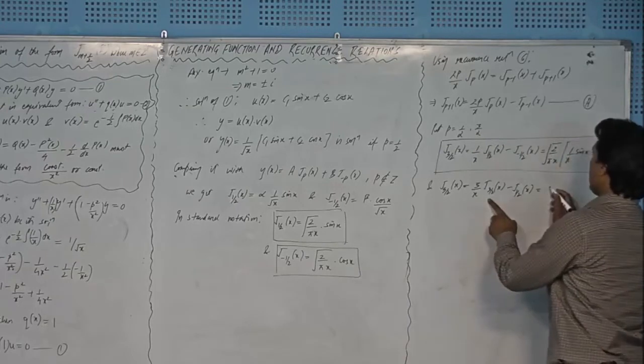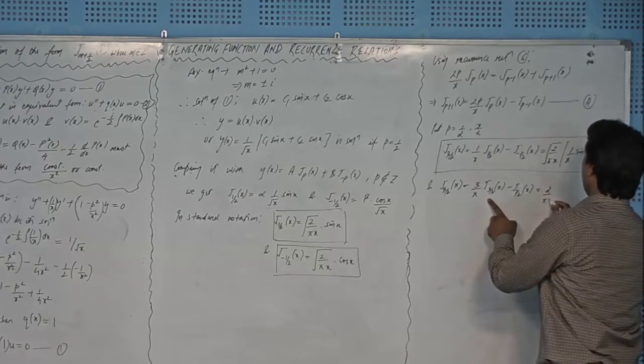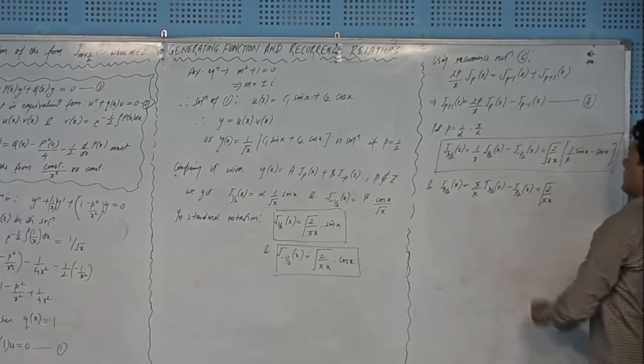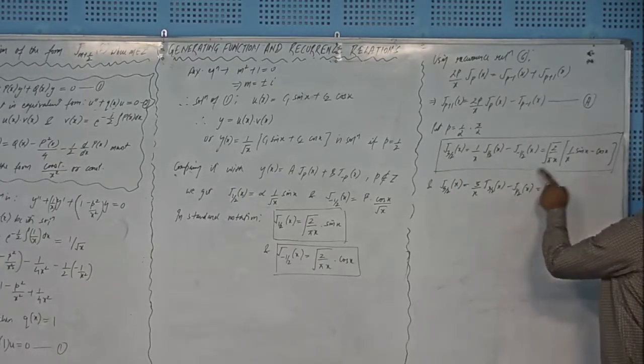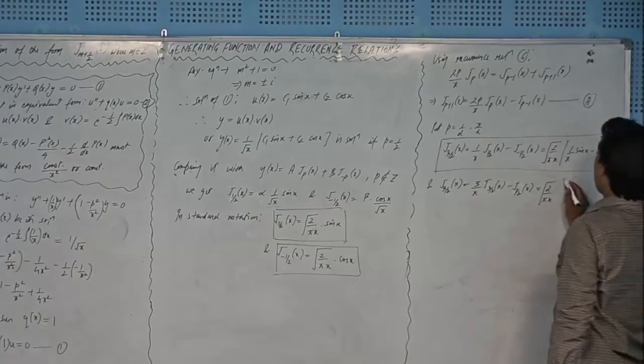We will take root 2 by pi x common, and the value of J_{3/2}, that is this much, will appear here.